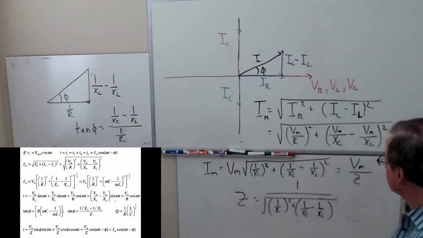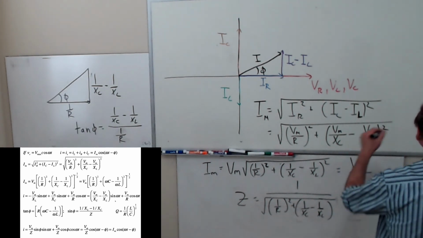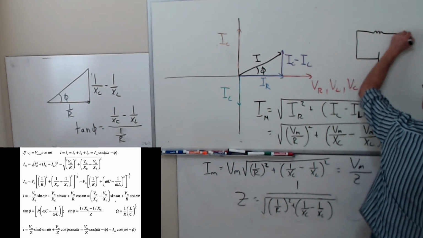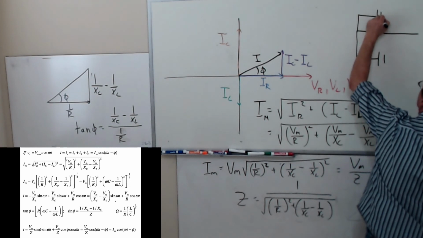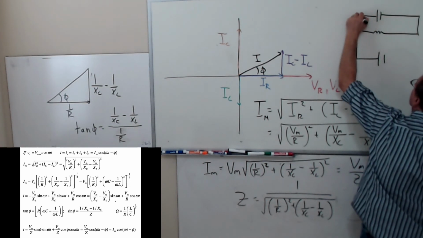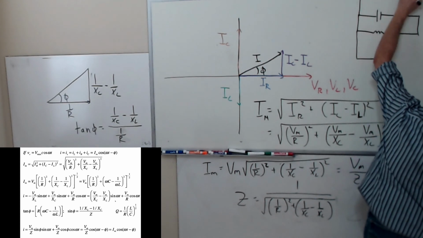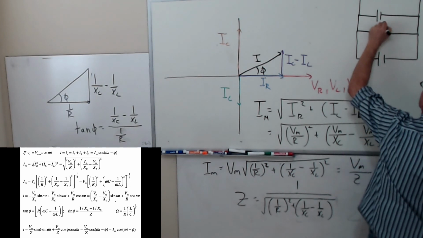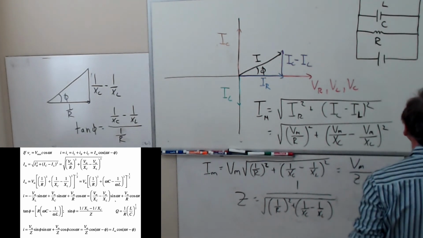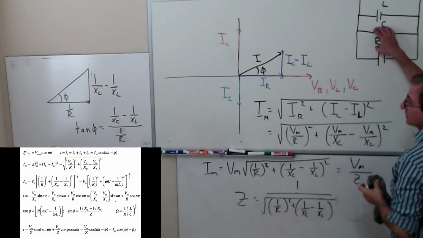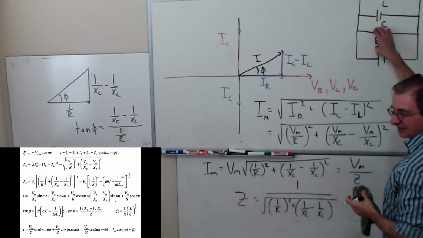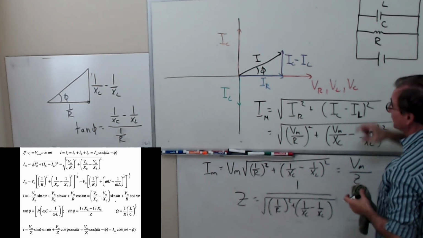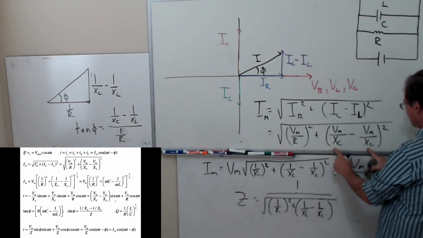One interesting question for this circuit: let's say this is not there. What happens when these two are equal to each other?